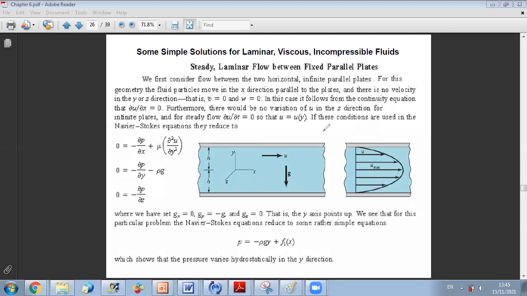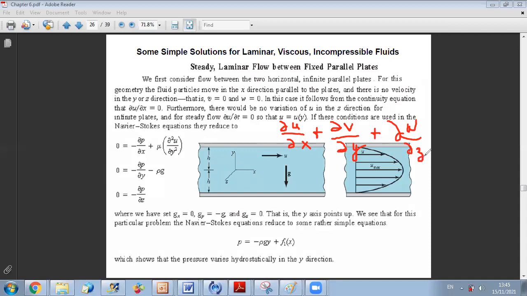And also from continuity, what can I write? In Cartesian coordinates, I can write del u by del x plus del v by del y plus del w by del z equals 0, okay?